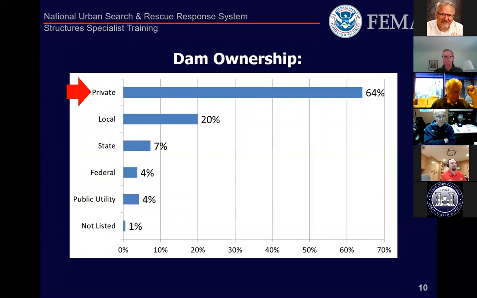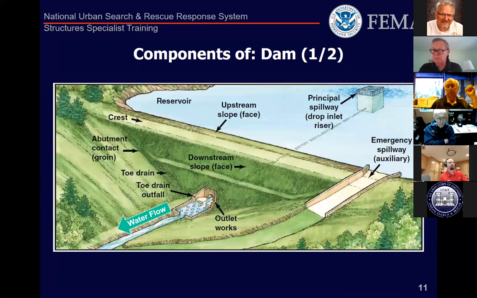The federal ones are flood control and large water supply. Then you get the public utility, like hydropower, and if we roll back up to the top, the private, that's everything else. That's your industry. It's just basically everything else. Next slide, please.